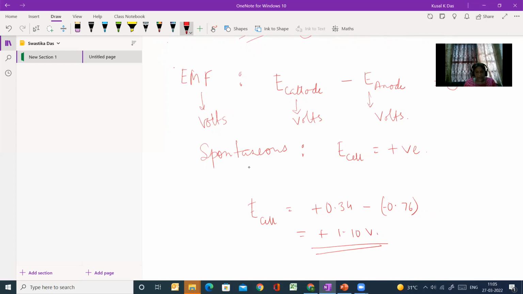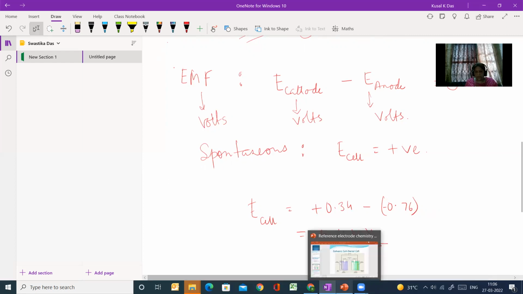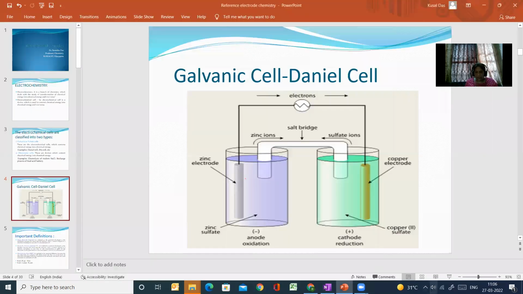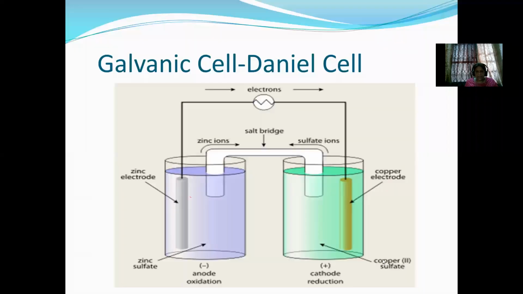One pair of electrodes can generate a voltage of 1.10 volts, right? So if you want more voltage, you can arrange the electrodes in parallel or in series to generate more voltage, right? Now I'll go to the next slide.